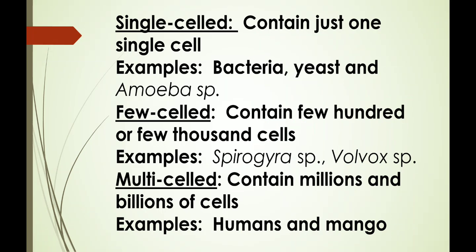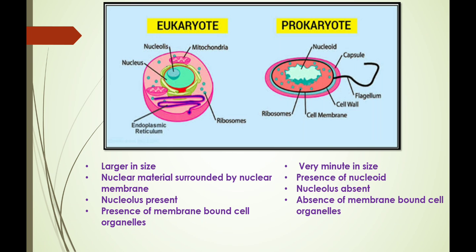Now, cells can be broadly classified into two groups, prokaryotic cell and eukaryotic cell. Prokaryote: pro means primitive, karyot means nucleus. That is, prokaryotic cell contains a primitive nucleus. And eukaryote: eu means true, karyot means nucleus. That is, eukaryotic cell contains a true nucleus.